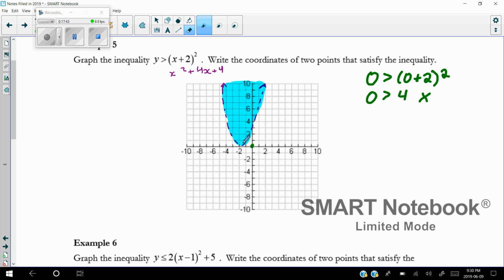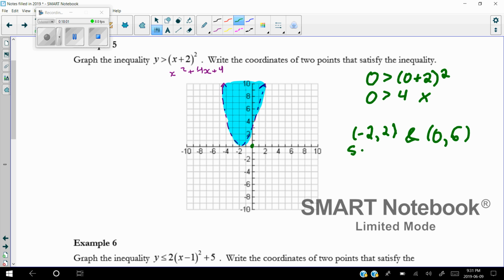Great, fixed that. And then now I pick a couple points. Let's pick -2, 2 and 0, 6. So those 2 points satisfy the inequality.